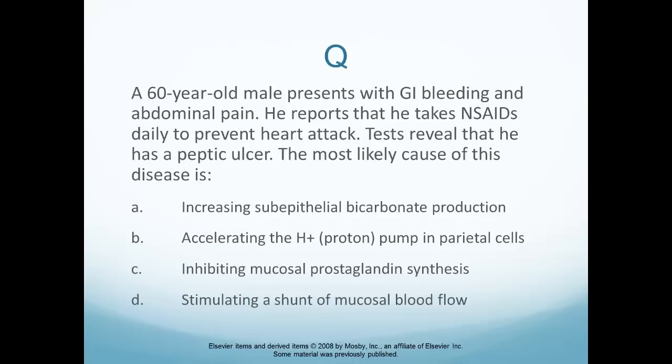A 60-year-old male presents with GI bleeding and abdominal pain. He reports he takes NSAIDs daily to prevent a heart attack. Tests reveal that he has a peptic ulcer.